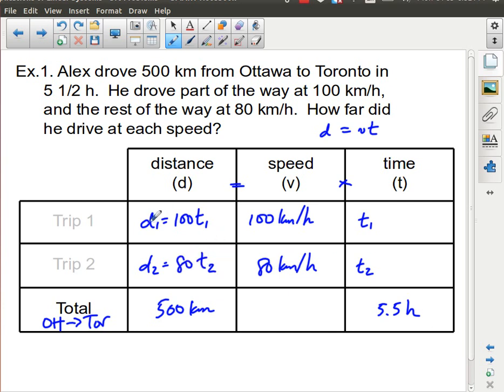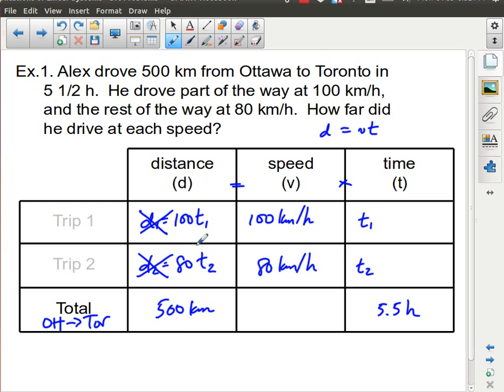So now what I've really done is I've gotten rid of distance 1 and distance 2. Instead, I have 100 t1 and 80 t2. So my variables here are just t1 and t2. Now that I have two variables, can I come up with the two linear equations that I need to solve this?